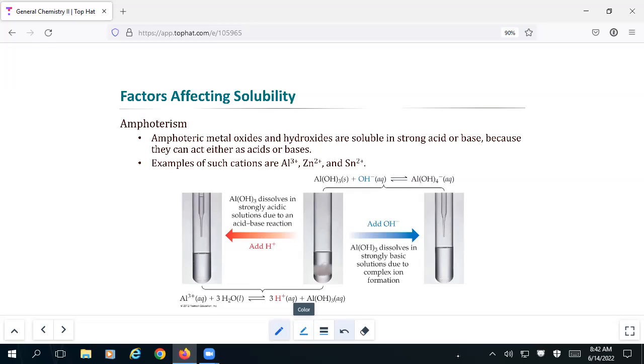Now, this particular example of aluminum is one that you just finished with yesterday. This was the very phenomenon that you were doing to separate aluminum along with the chromium and the zinc from the other group 3 cations in the first place. Heavy dose of base, the ones that don't complex with hydroxide get pushed to the side, they stay a solid.